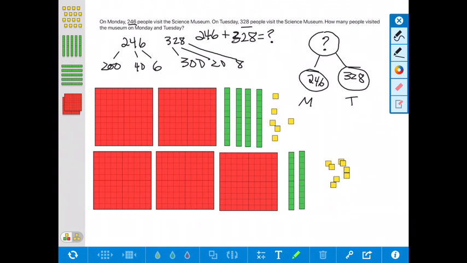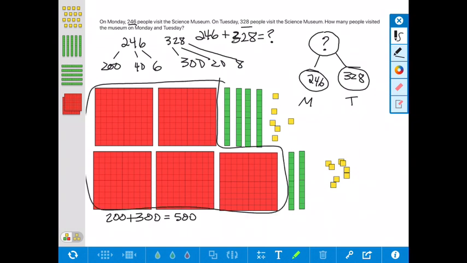Okay, so now let's combine these. Let's combine the hundreds first. 200 plus 300 equals 500. That's this. And we have 4 tens or 40 plus 2 tens or 20, which is 60.